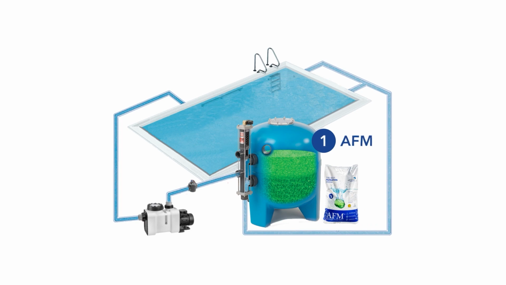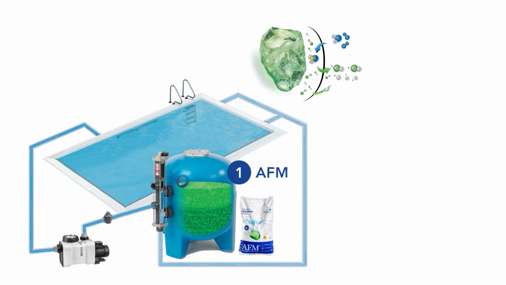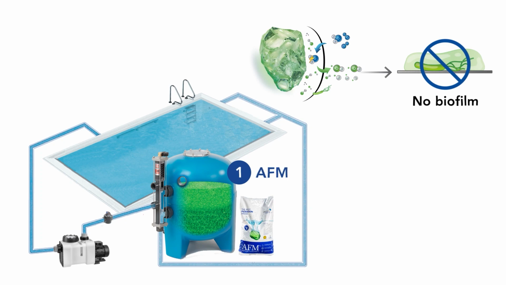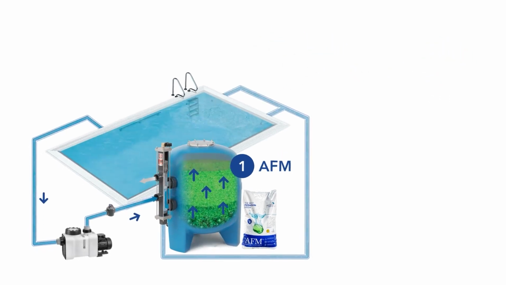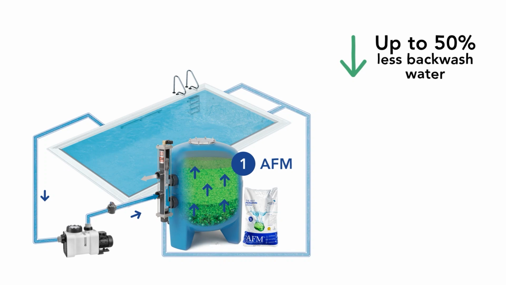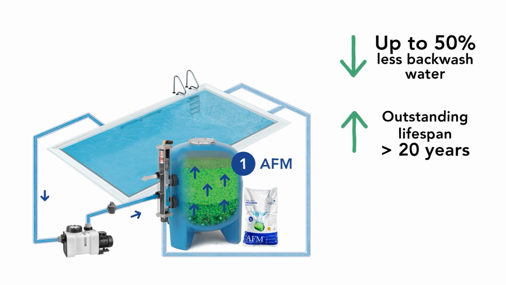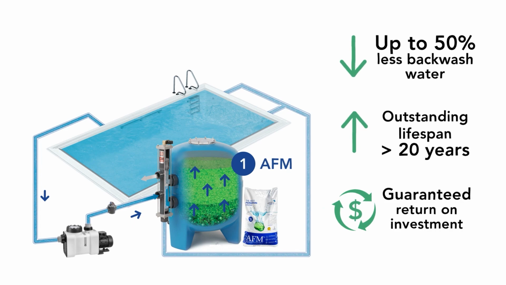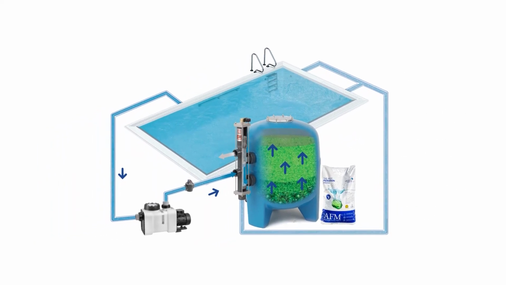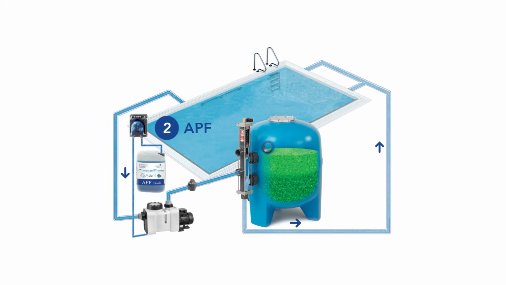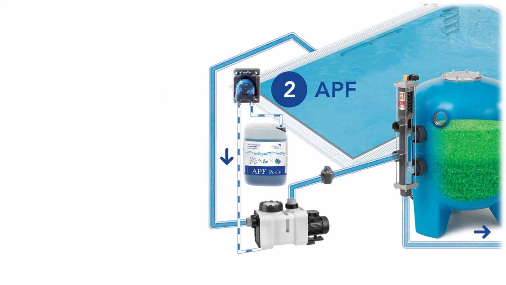Thanks to its unique self-sterilizing surface, AFM fully prevents bacterial growth inside your filter and offers 50% greater backwash efficiency than sand, reducing your water, energy, and chemical consumption. AFM will also last much longer than any other filter media on the market for a guaranteed return on investment. Step number 2. Inject APF before your AFM filter using a constant flow peristaltic pump.